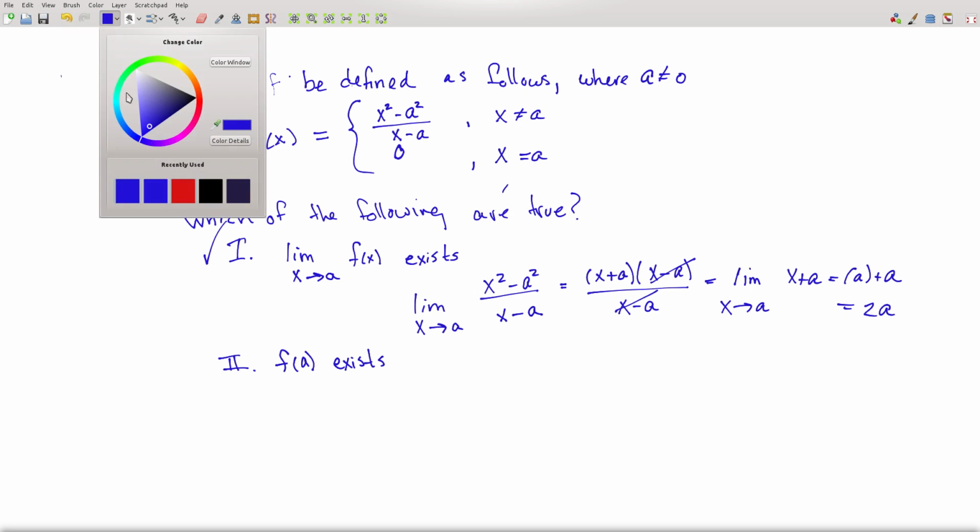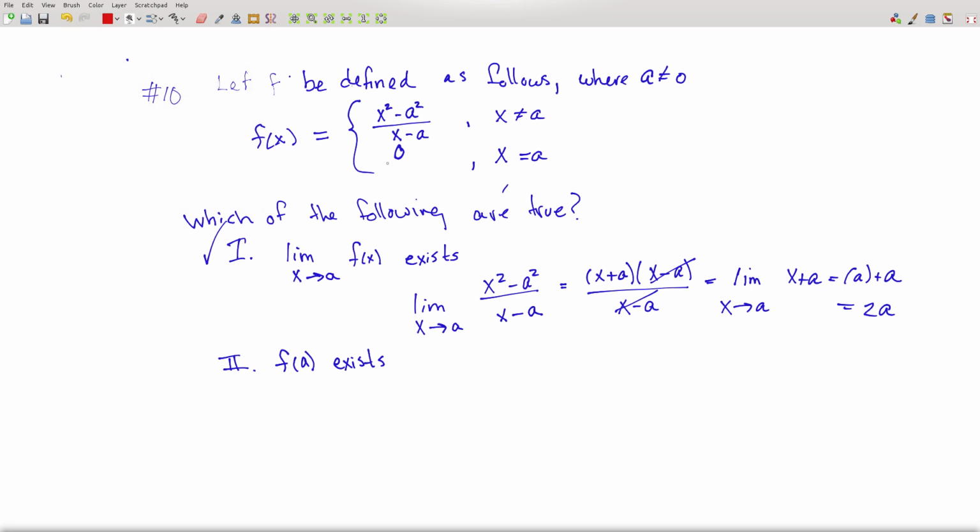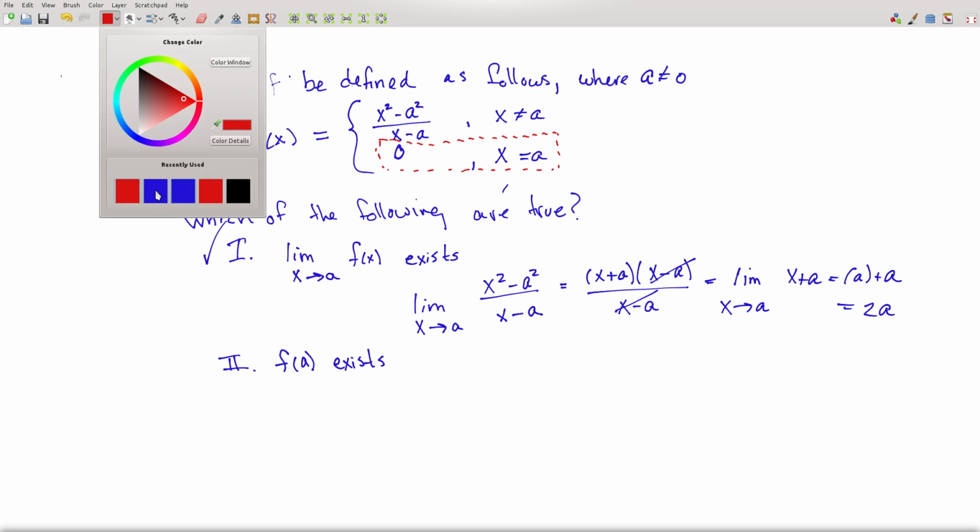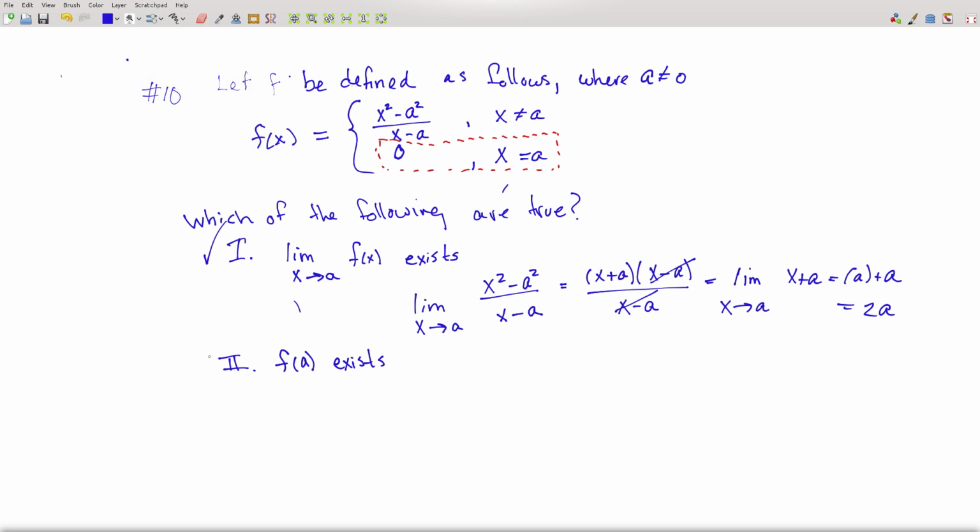I'm going to switch colors here so I can highlight this. Look at what it says the function is equal to when x equals a. It says it's equal to 0. So, as a matter of fact, we can confidently say that this is true. Yes, it does exist, because we know what it is. When x equals a, f of a equals 0. No problem. It says so.